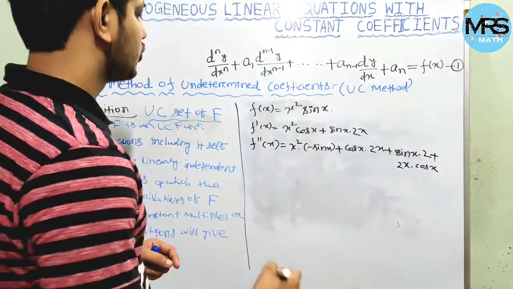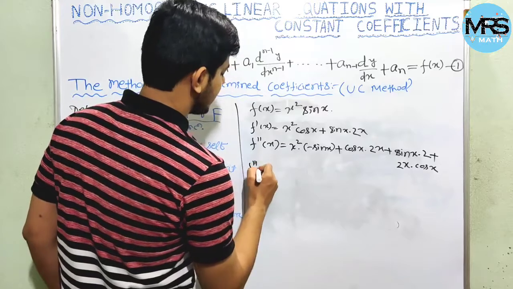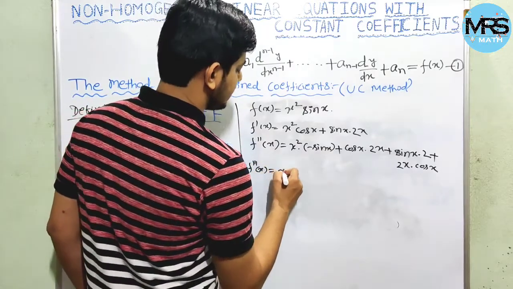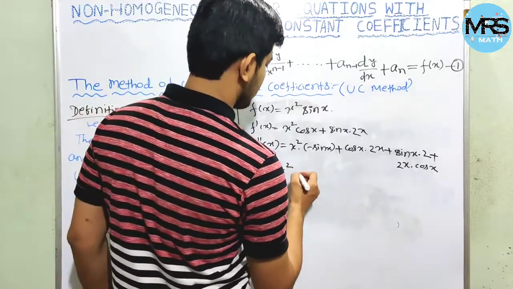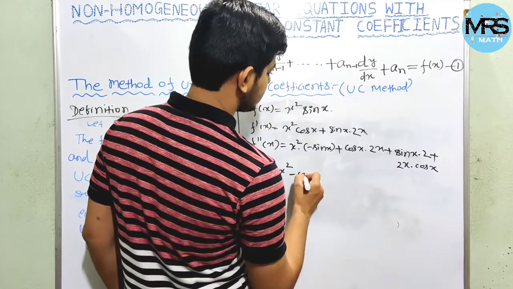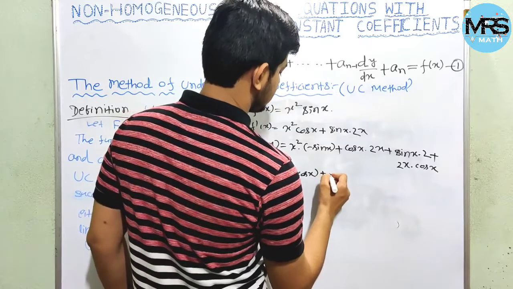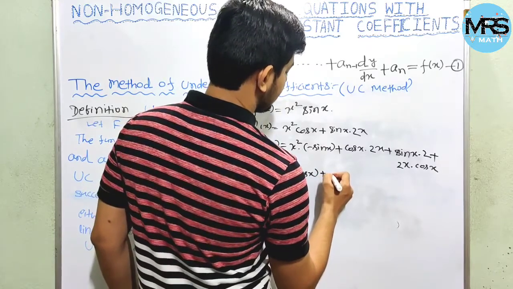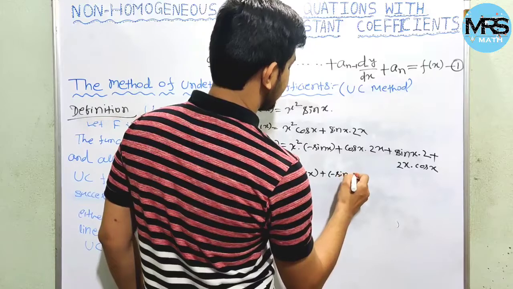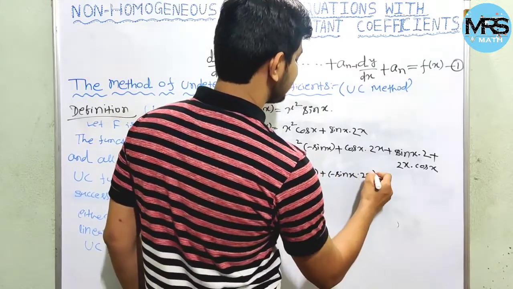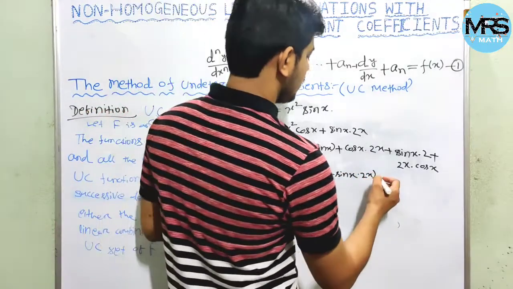If you proceed to the third derivative f triple dash x, we get x square minus cos x, plus minus sin x into 2x.